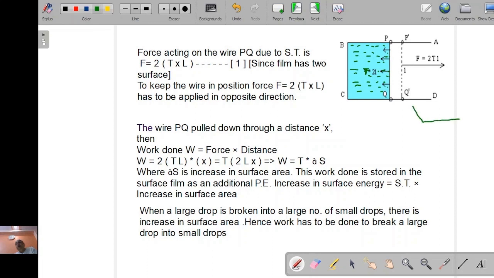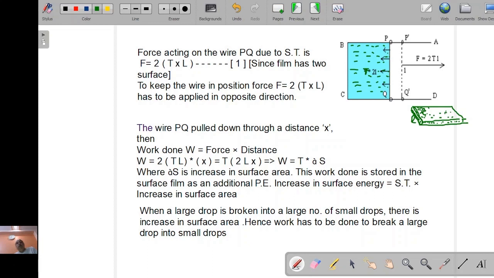Here is the film. The film has two surfaces: one surface is the topmost, the other surface is the downward one, the upper surface and the lower surface. So if we consider the length L, this length L comes two times, the L of the upper surface as well as the L of the lower surface of the film.